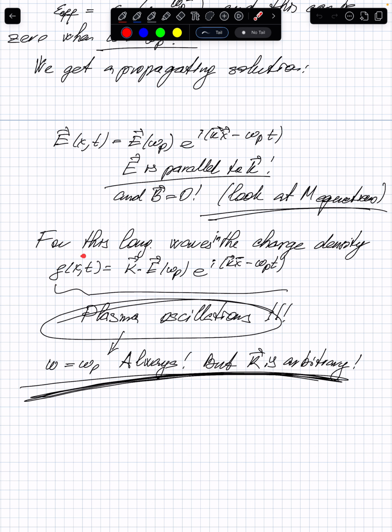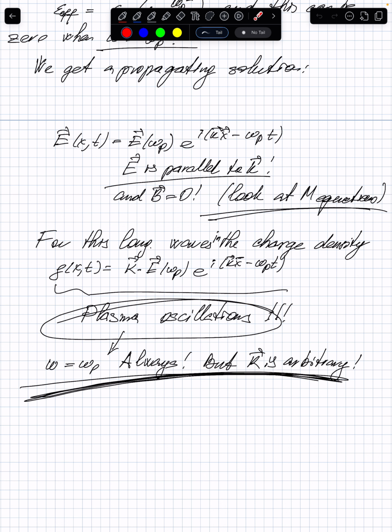But in this case, when you substitute this longitudinal wave into the solution for rho, you're not getting zero. Because k is parallel to E now, the density oscillates as well. The density of the electrons in the conductor will also oscillate, and these are called plasma oscillations.